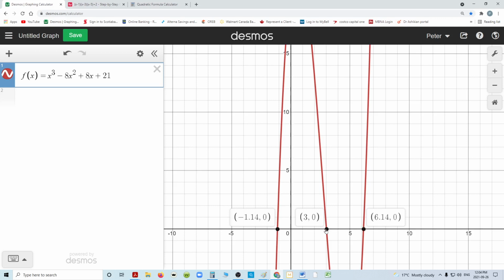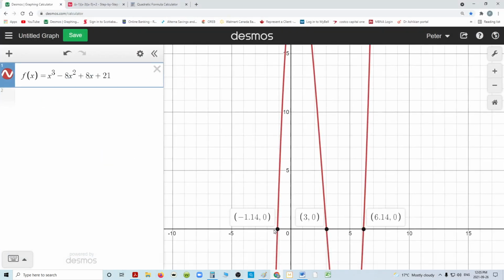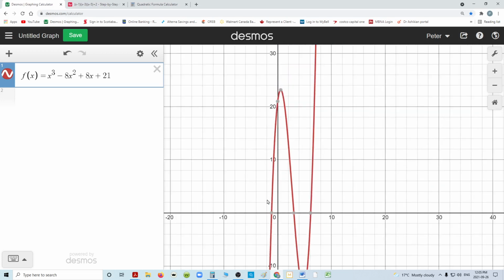Now, the reason they wanted us to do that is because the only clean factor is the 3. And then you have to go back and say, did they want to know when it's above 0? Yeah. So that means between minus 1.14 and 3, it's above 0. And then above 6.14, it's above 0. And you can see that studying this one graph is a lot easier than studying the two graphs combined.